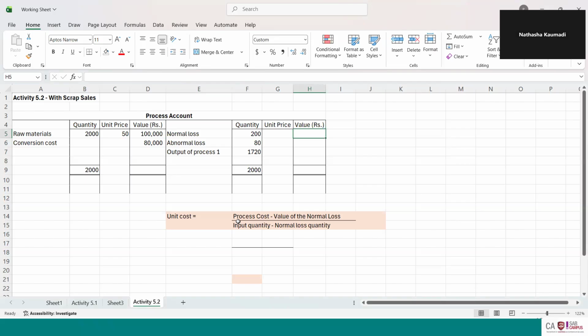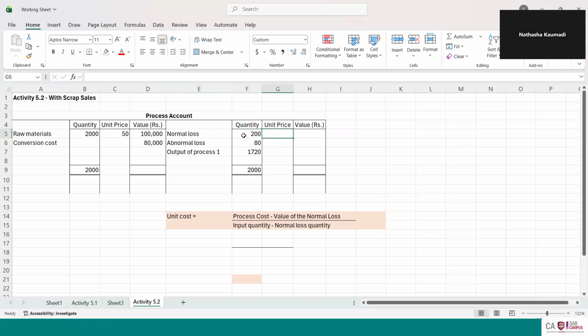That means even though you have a normal loss, previously you didn't record it because you wanted to get this value into the output of the process, as part of the good output. But now it's a different case because you can sell your loss units. That means you need to record that value in the process account because you are going to earn something by selling the normal loss.